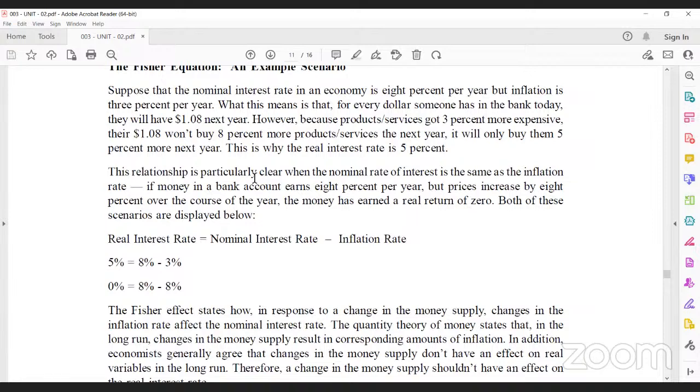Okay, so 8% minus 3% is 5%, whereas 8% minus 8% is 0%. If your inflation rate and nominal rate are both the same, then the real interest rate will be 0.